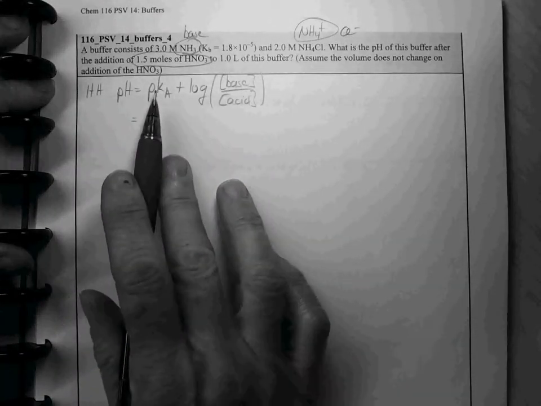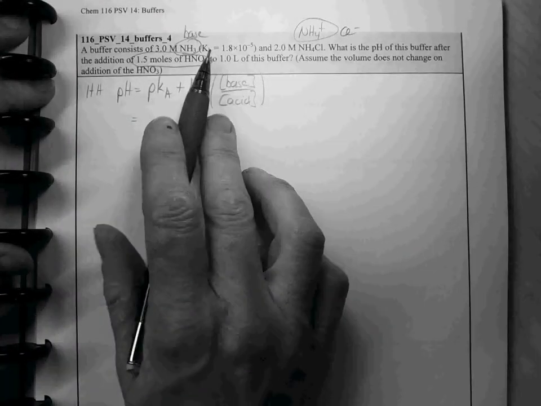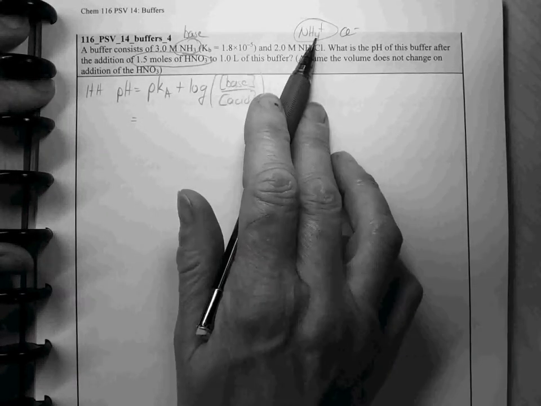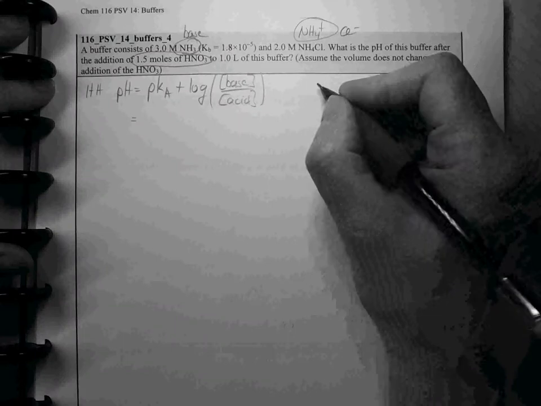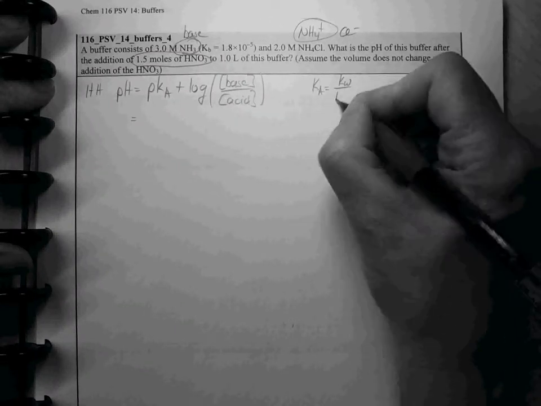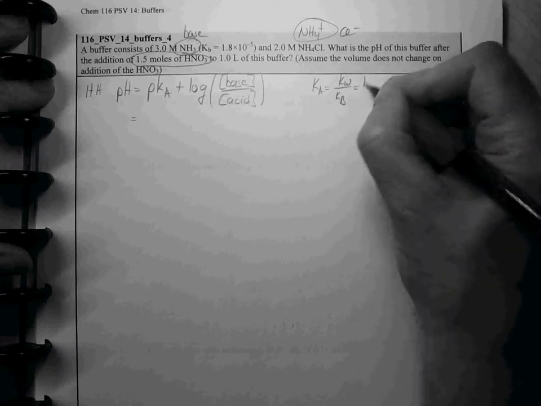Now we want to calculate our pKa, but we're given our Kb of ammonia, so we need to calculate the pKa of NH4+. So the Ka, we know, is going to be the Kw divided by the Kb.